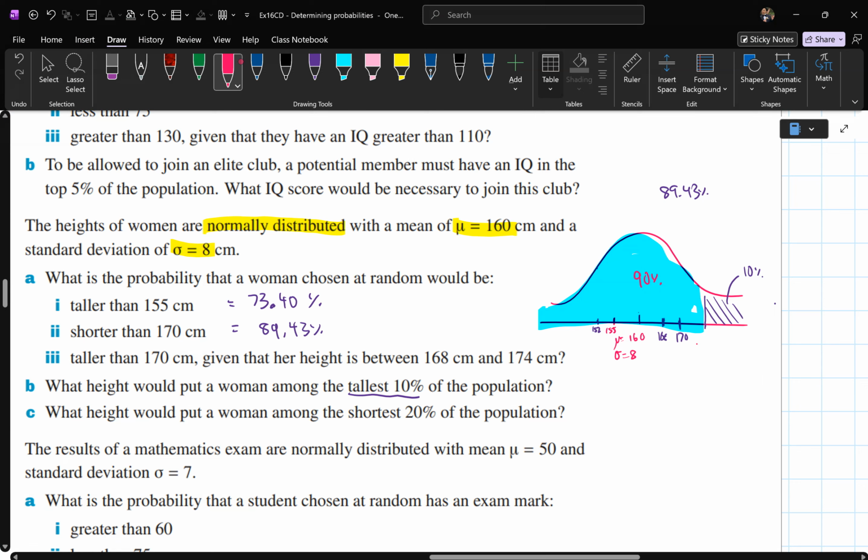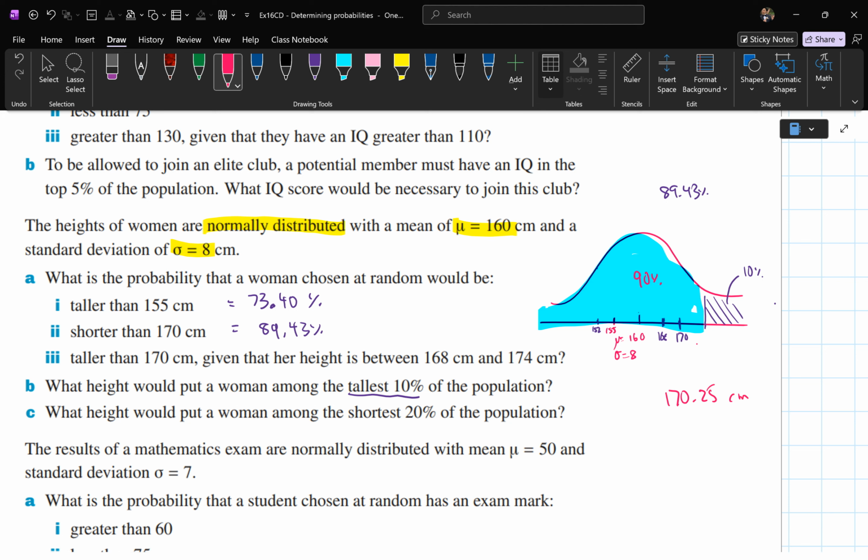So I need to be 170.25 centimeters tall, greater than 170.25, to ensure that I am in the top 10% in height. So what height would put a woman amongst the tallest 10% of the population? You'd have to be 170.25 centimeters tall, minimum.